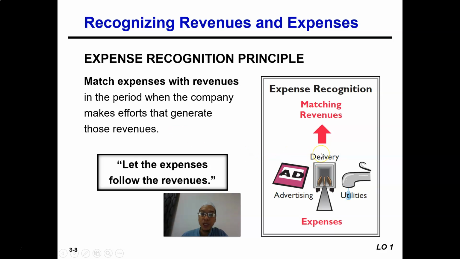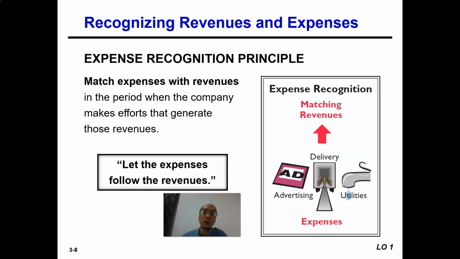For example, the customer ordered the items in January. We send the items in February, but while we send the items, we also incur delivery charges. We incur the cost for the delivery at the same time that we deliver the items, which is in February.